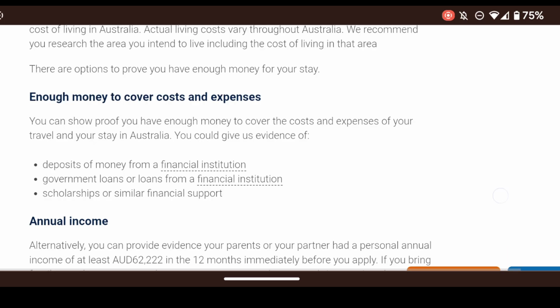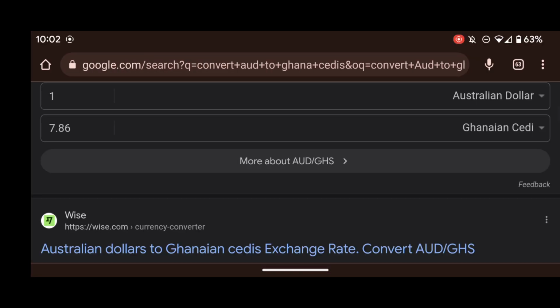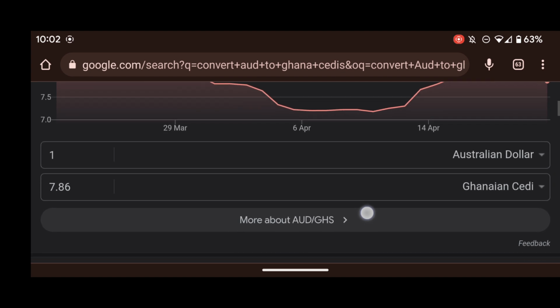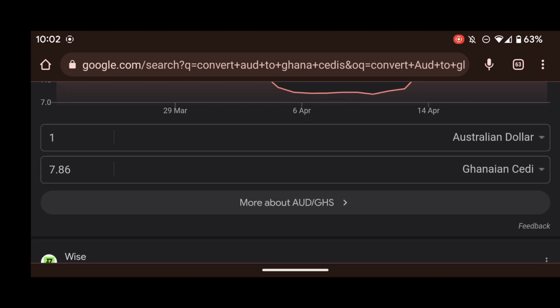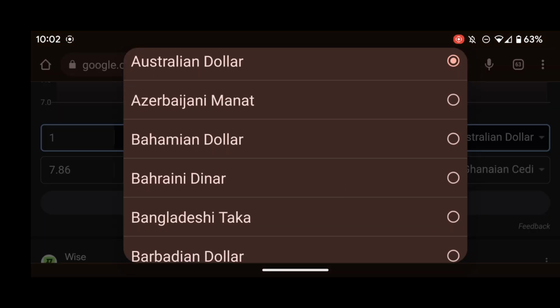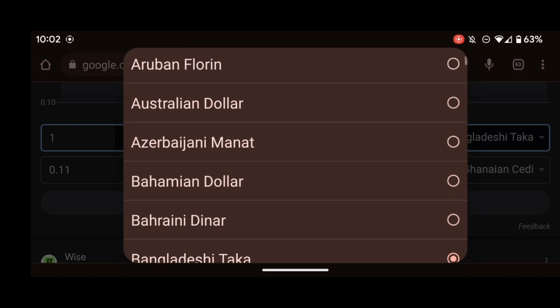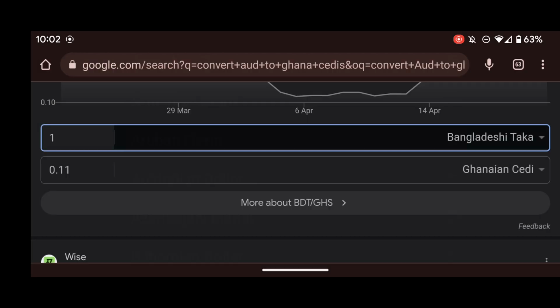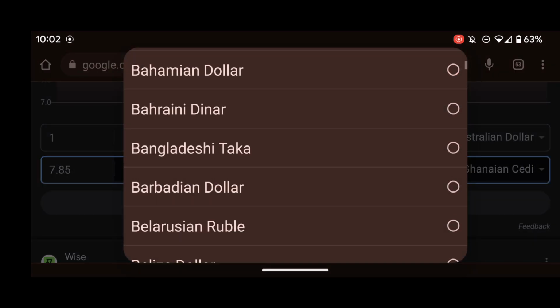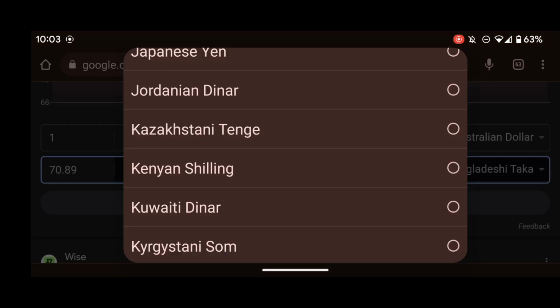Go to Google and say convert your local currency to Australian dollar, or convert Australian dollar to your local currency. Then you add the amount and it will give you the figure. For example, convert Australian dollar to Ghana cedis. Then you input the figure and voila, it will give you what you want.